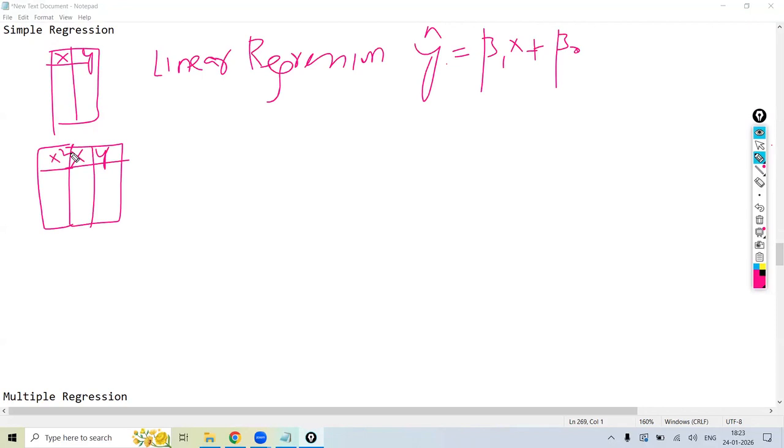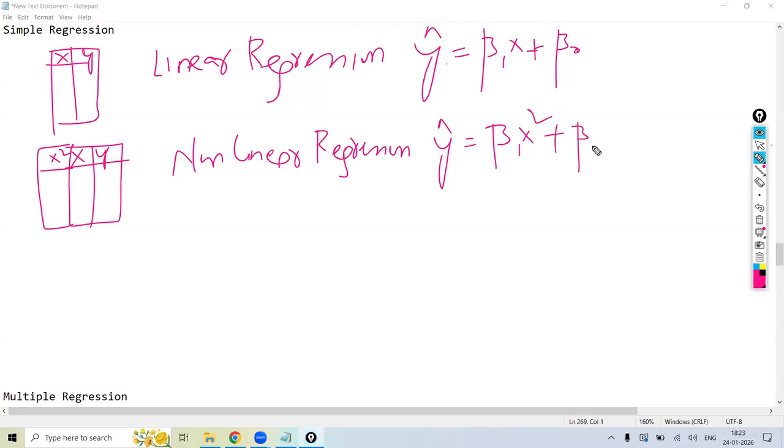Now the non-linear regression equation is y hat equals beta 1 x square plus beta 2 x plus beta naught.